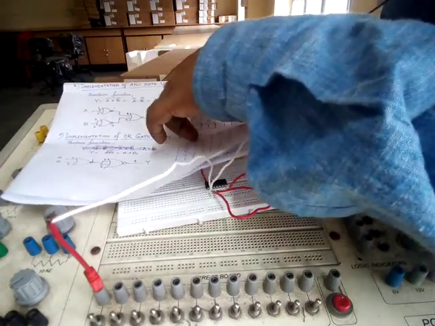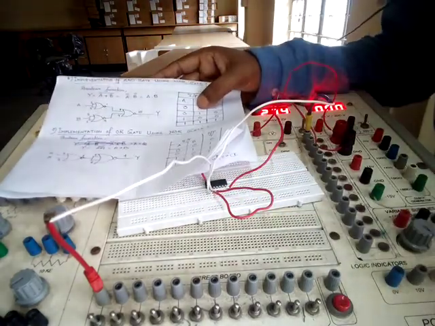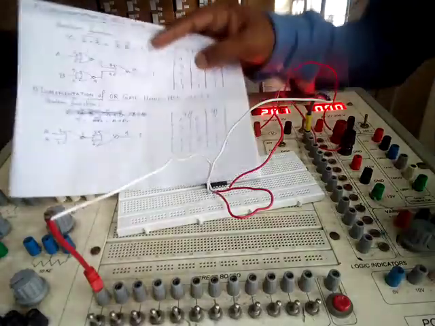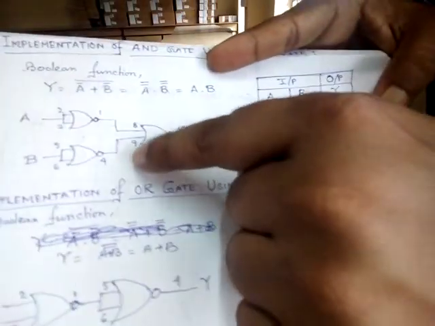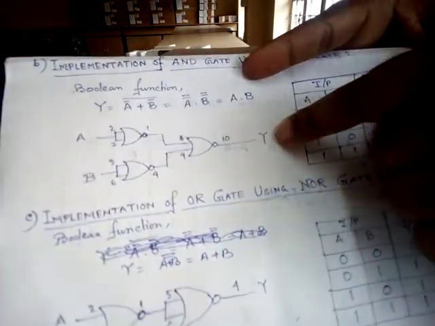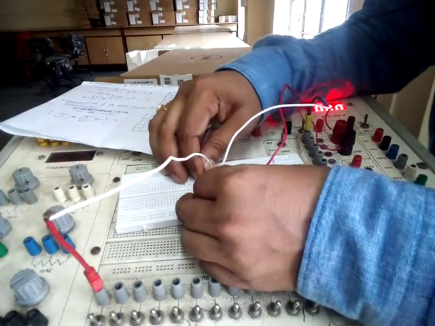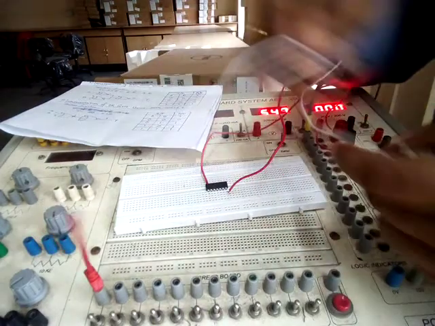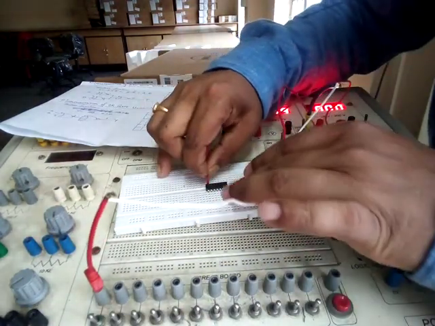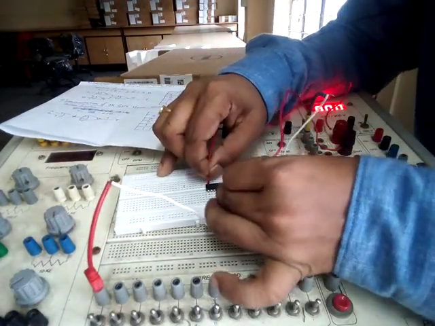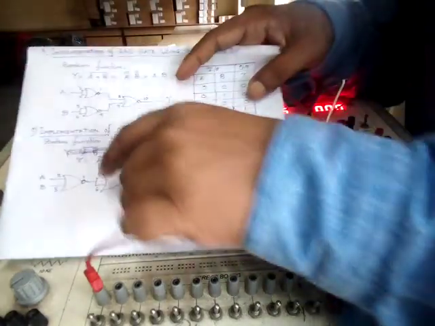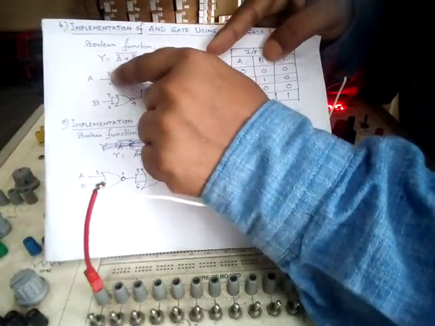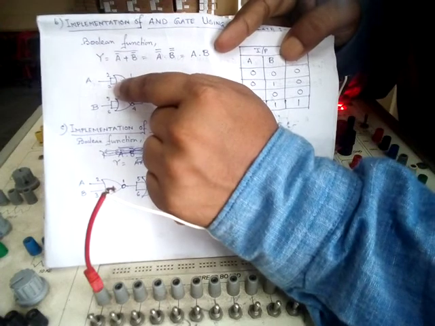The second experiment is implementation of AND gate using NOR gate. Okay, so first of all, design according to this circuit. Already in the theory part we have discussed. Now pin number 7 and 14 are intact. So first of all, pin number 2 and 3 will be shorted.